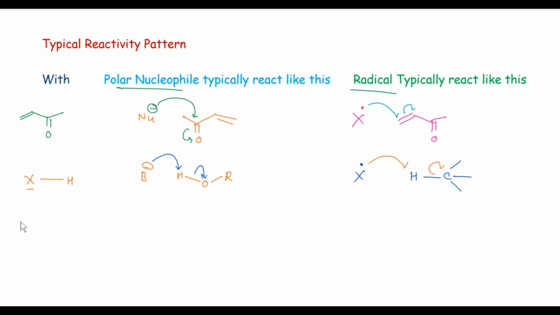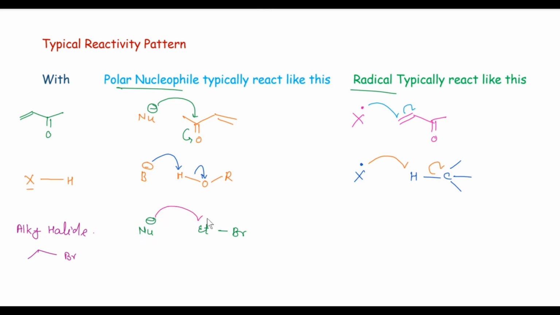So the polar nucleophile or radical reacts with alkyl halide, that is, take an example of ethyl bromide. So the nucleophile reacts with ethyl bromide like that.